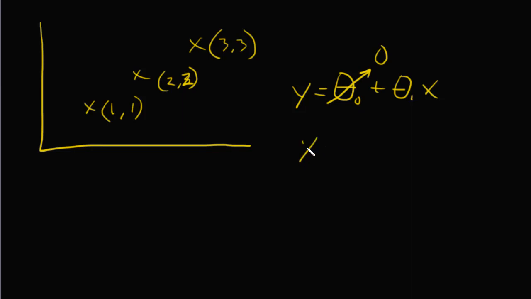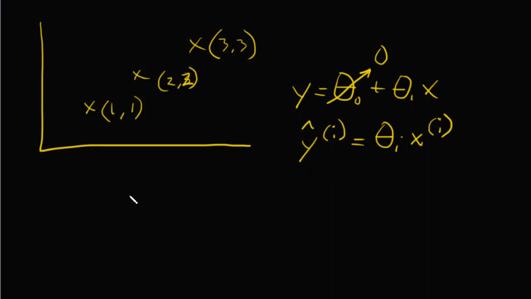Now if we do that, our predicted y is simply going to be theta 1 times x i. That is our simplified version of how to figure out what the predicted y value is.